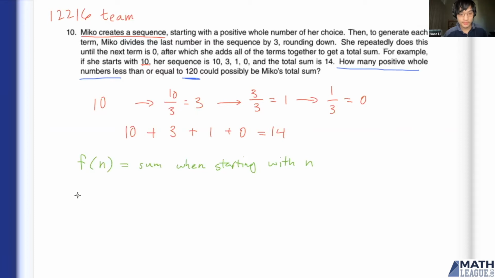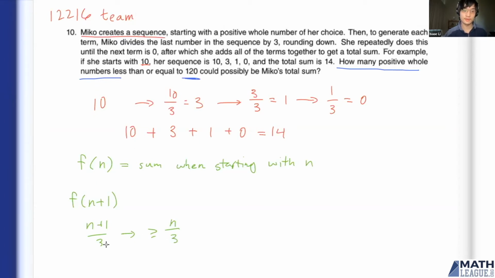So what's so special about this function that takes in positive integers and outputs positive integers? Well, what happens if we do f of n plus 1? If we do n plus 1 divided by 3, this result is going to be greater than or equal to the result when we divide n by 3.